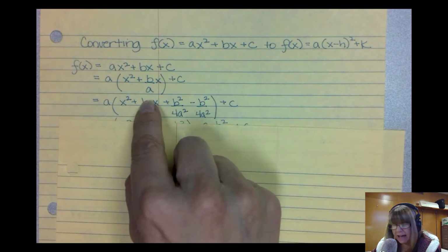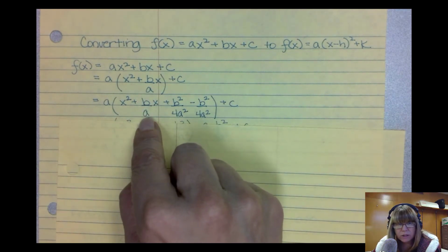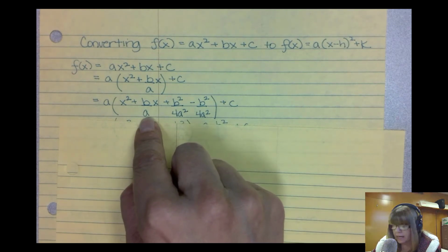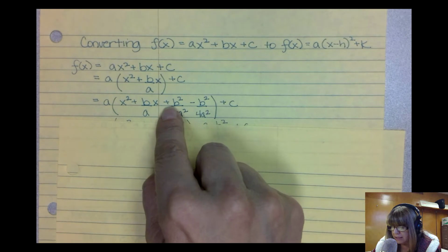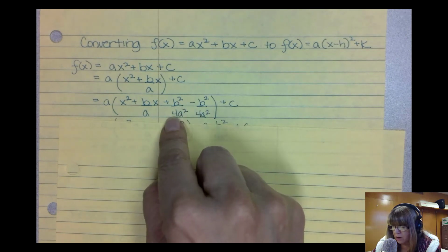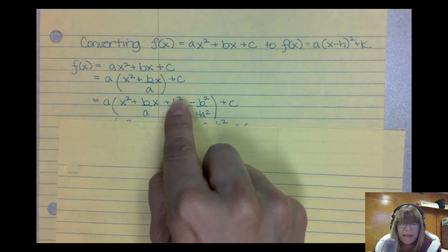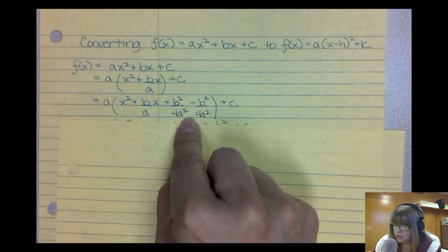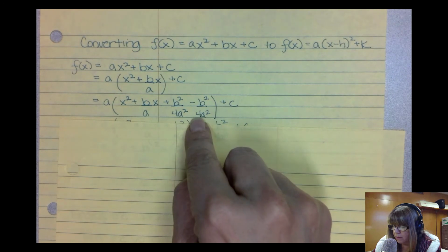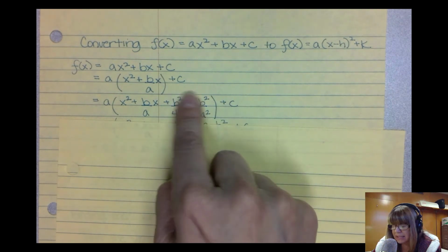I take half of the b over a, which is b over 2a, and I square it, and I get plus b squared over 4a squared. But once I add it, I also have to subtract it. So this is going to be minus b squared over 4a squared. So that equals my 0.